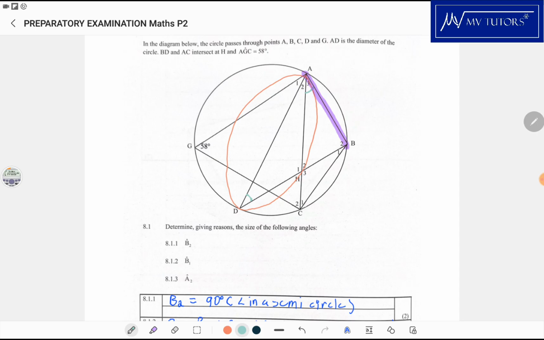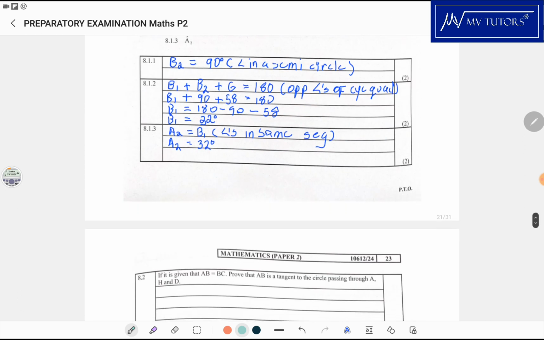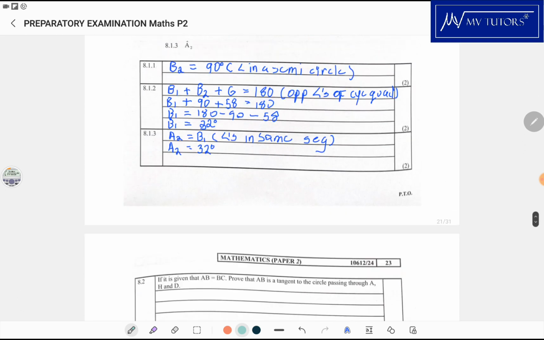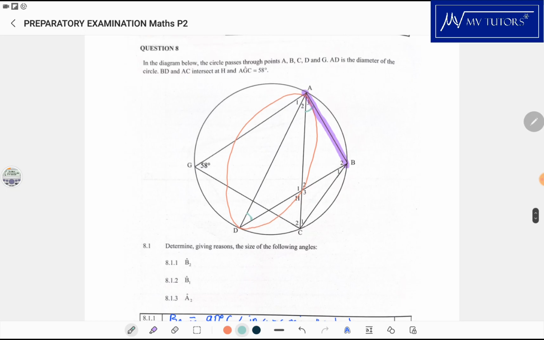Okay, so first of all, they told me that AB is equal to BC. So if AB is equal to BC, that means it's an isosceles triangle, which therefore means that if I look at the angles, C1 is equal to A3.